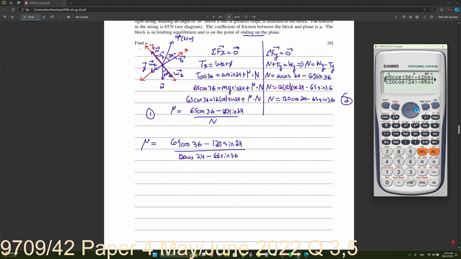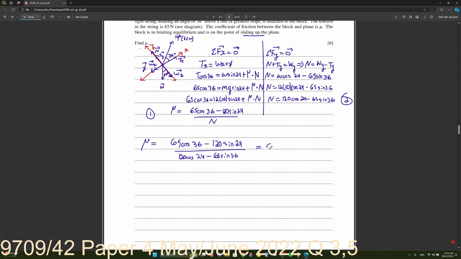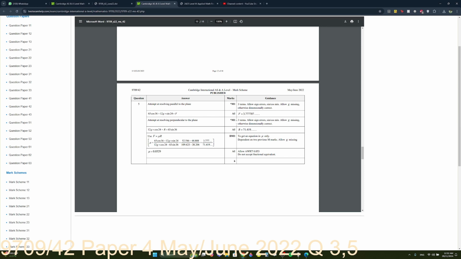You're going to get 0.0528, whatever. Remember, we always round to 3 significant figures when it's a non-repeating decimal. So it's going to be 0.0529. And mu is always unitless. Okay, 0.0529.